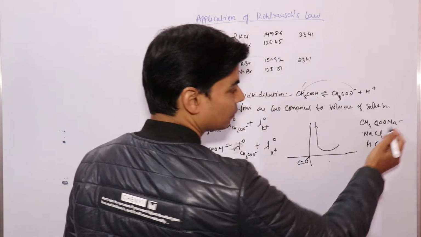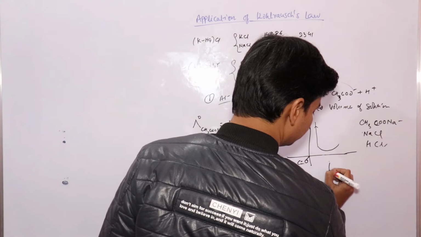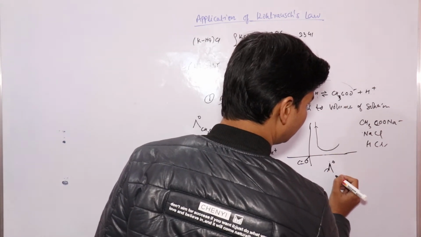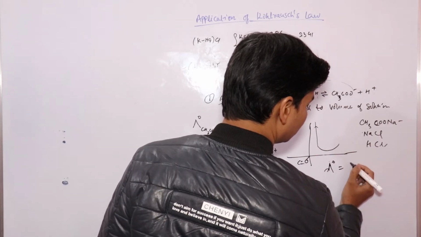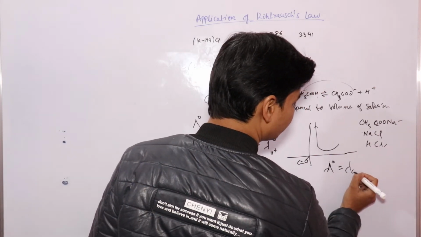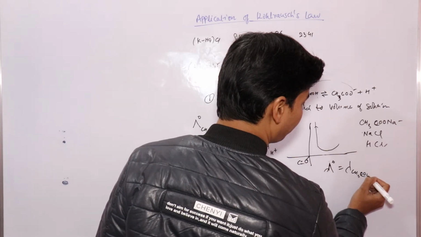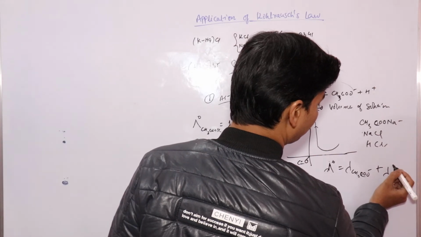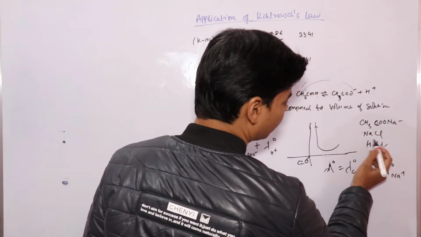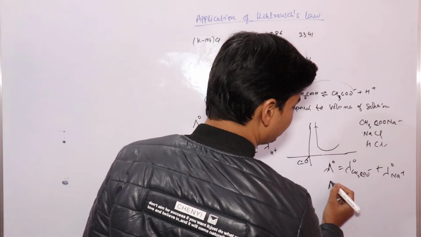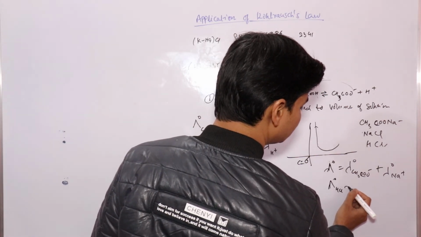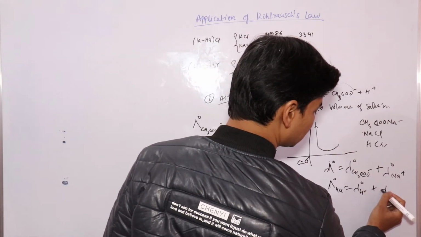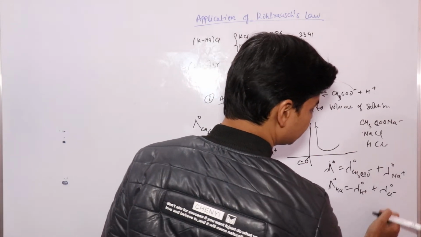The molar conductance of sodium acetate at infinite dilution would be the ionic conductance of acetate ion plus the ionic conductance of sodium ion at zero concentration. For HCl, at infinite dilution, it would be the ionic conductance of hydrogen ions plus the ionic conductance of chloride ions.